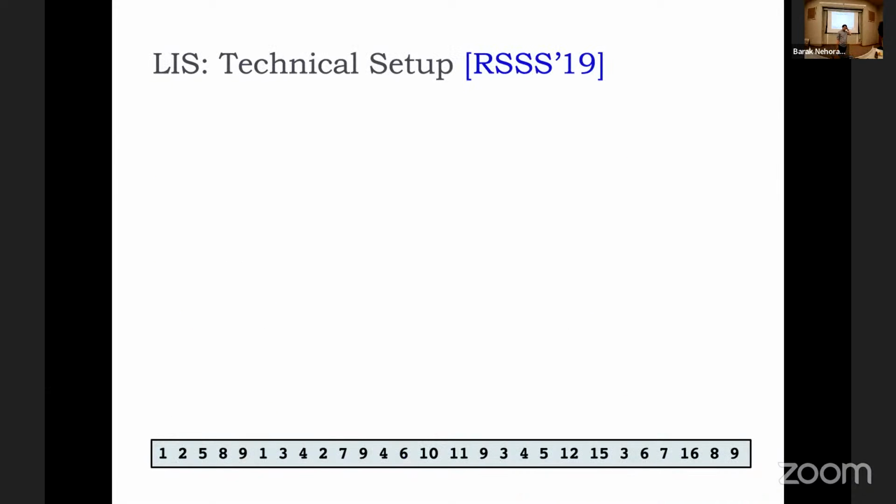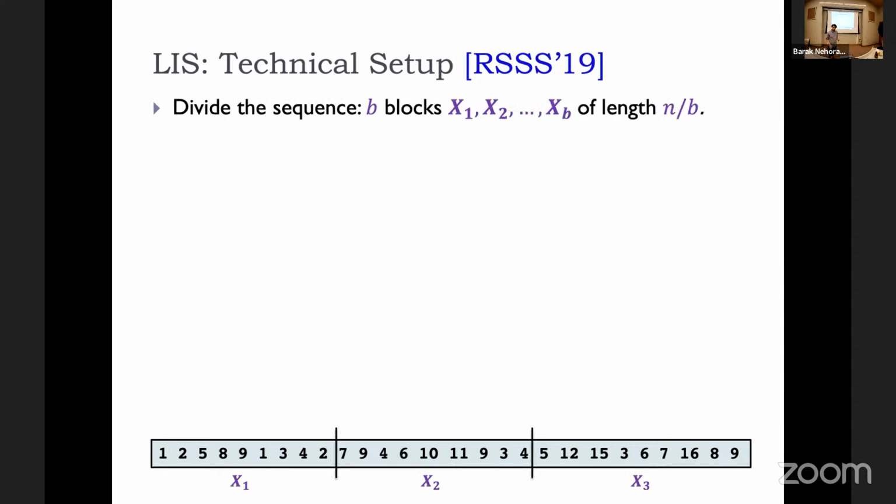let's do it. I'll start with a technical setup, some of which is borrowed from previous papers. This is the general approach. As with many problems on sequences, the first step is to take the sequence and split it up into a bunch of blocks.